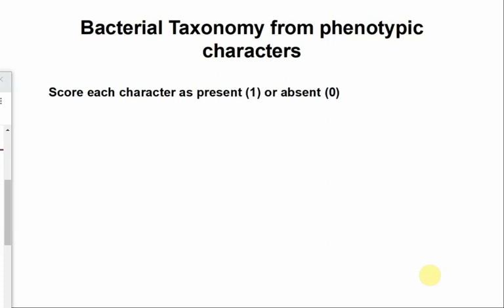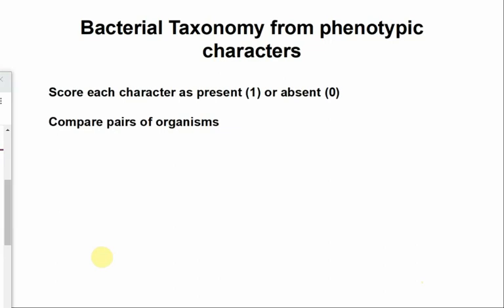What you can do is score each character as present or absent. So ferments glucose, yes, then that's 1 for glucose fermentation. Ferments lactose, no, 0 for lactose. That's the kind of idea here.